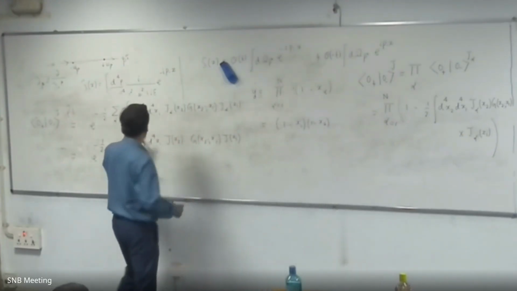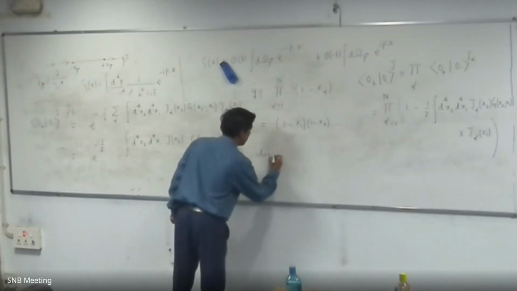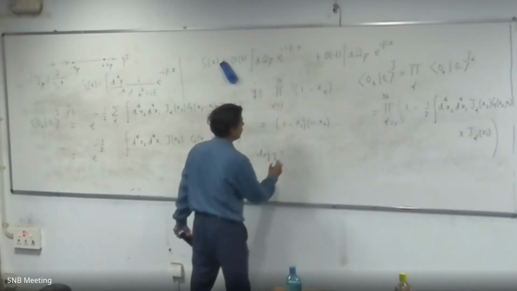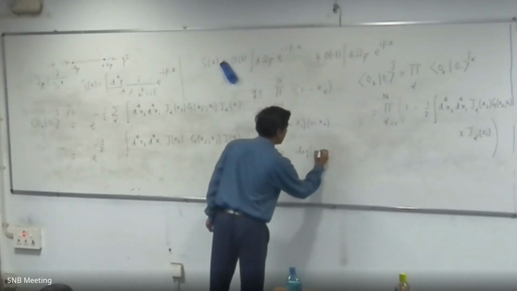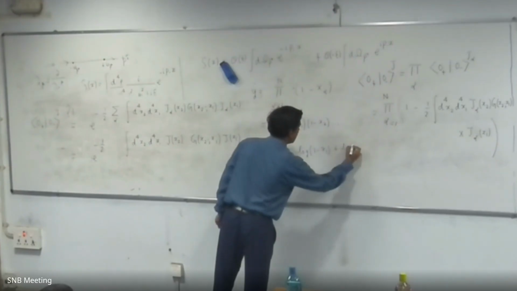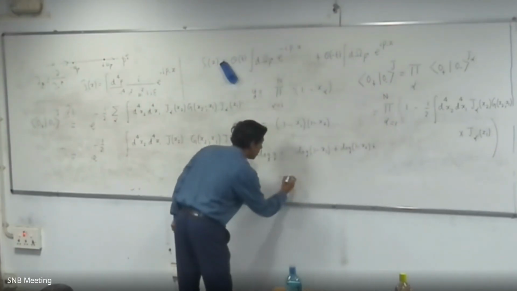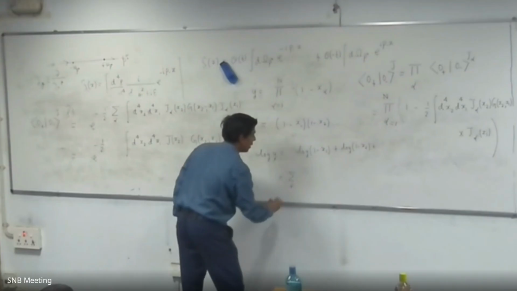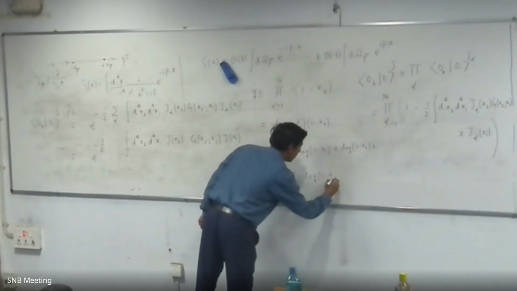Now the best way to prove this is to take a log of both sides. So if you take a log of y, this will become log of 1 minus x1 plus log of 1 minus x2, and so on. That is equal to summation over alpha log of 1 minus x alpha.